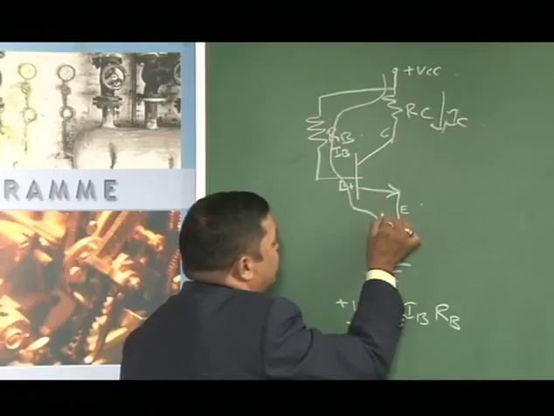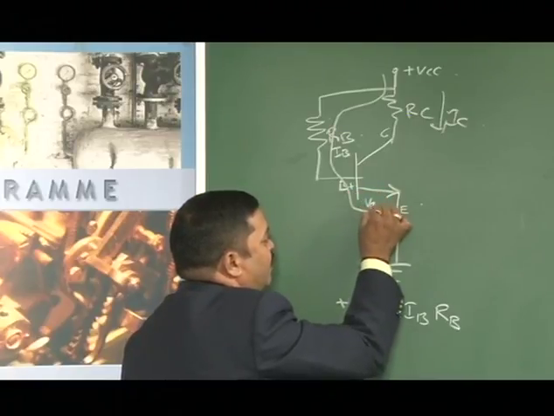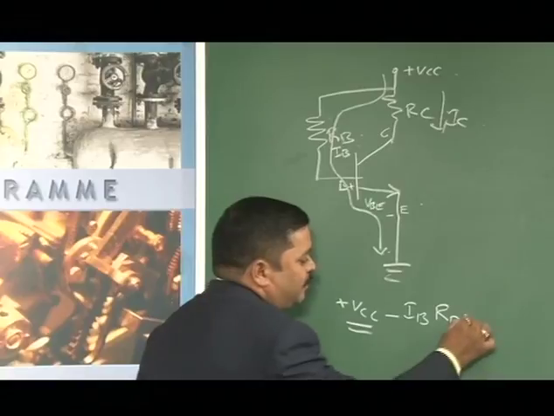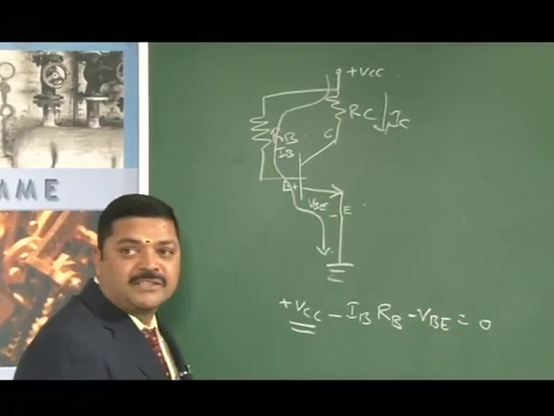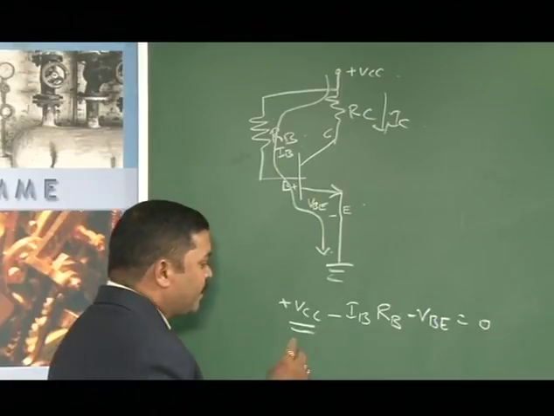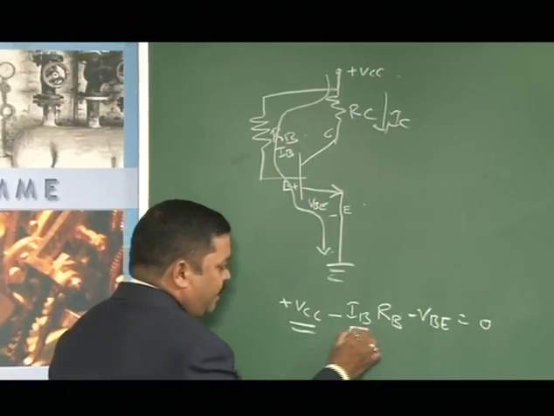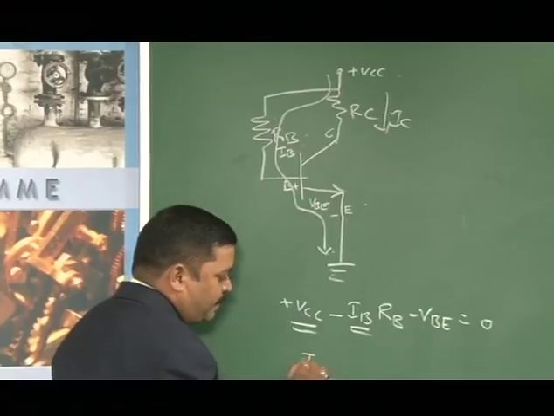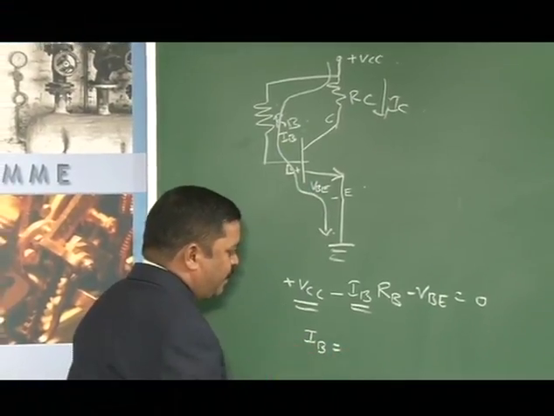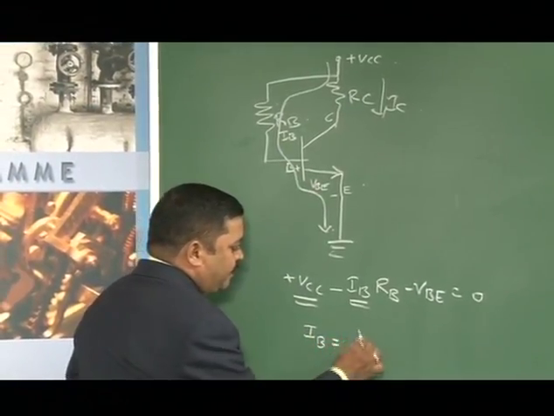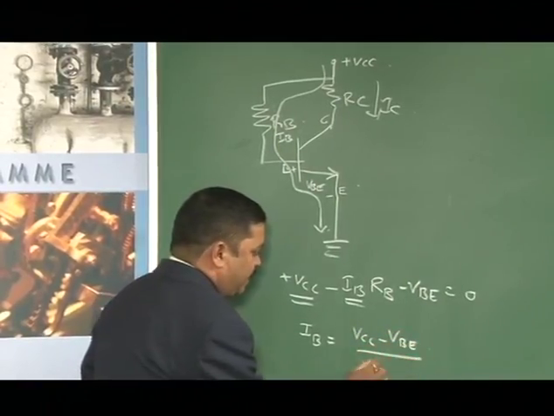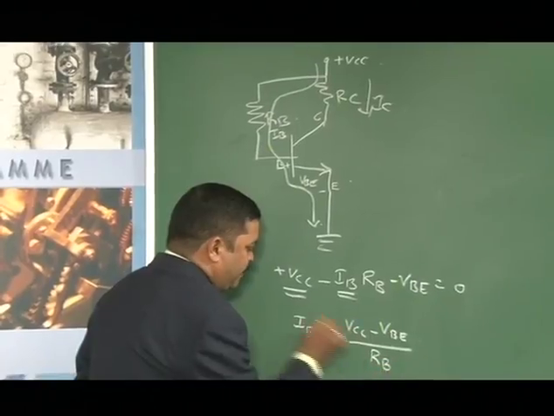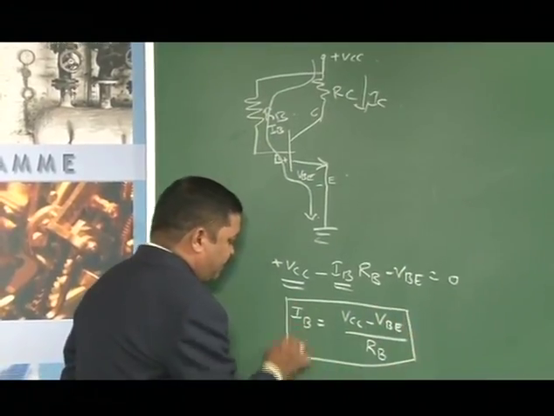Here, base to emitter there is a cut-in voltage which is VBE, so minus VBE equal to 0. Therefore, we want to find IB, so IB is equal to VCC minus VBE divided by RB. So this is the base current which we get.